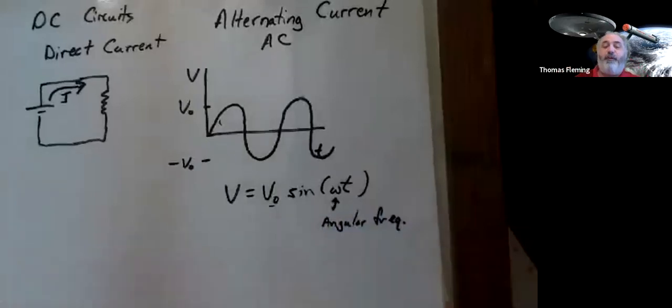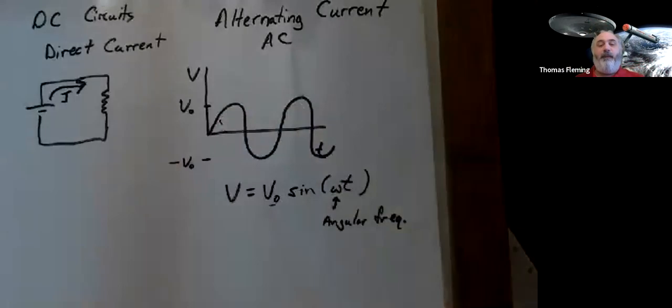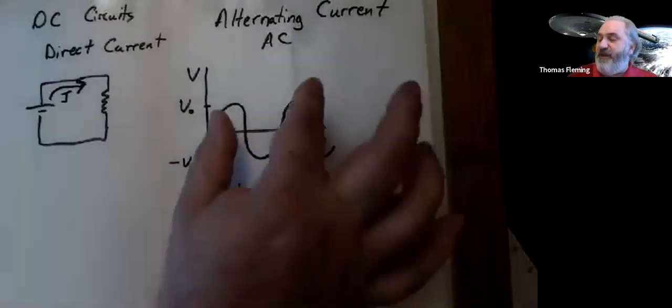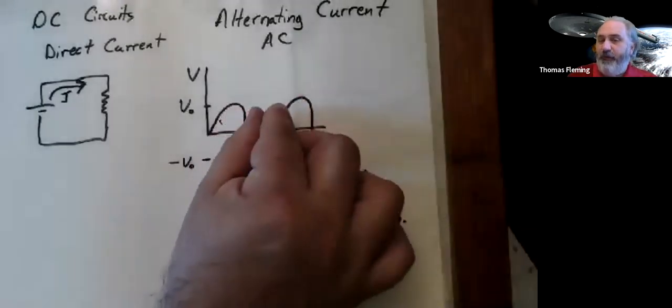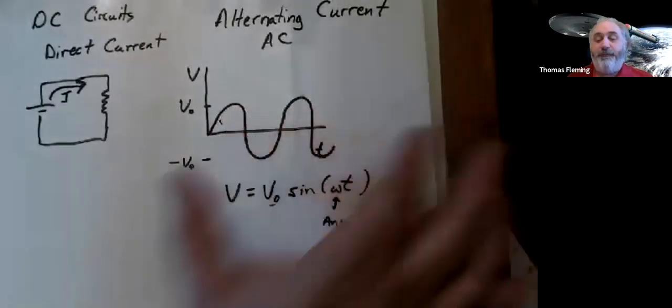So the angular frequency is basically controlling how close together these peaks are. When omega gets big, these peaks get really, really close together. And when omega gets small, these peaks get really, really far apart.